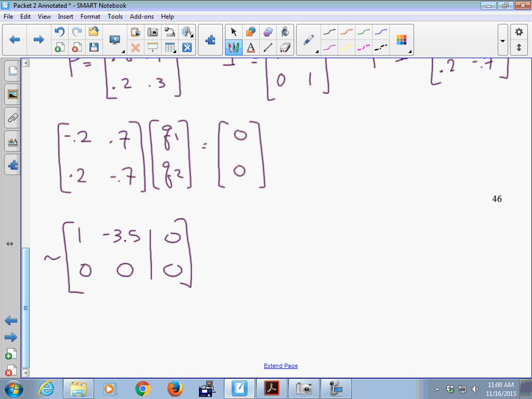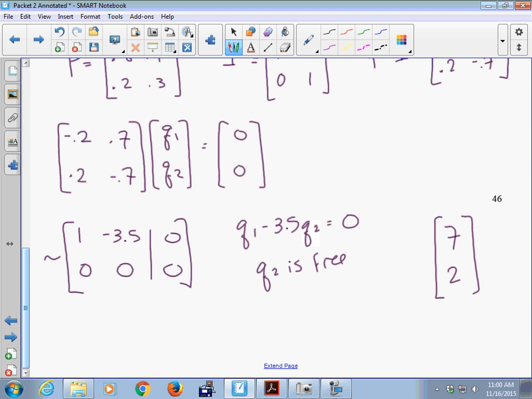So we know that Q1 minus 3.5 Q2 is 0, and that means that Q2 is free. There are infinite solutions that will solve that system. Give me the simplest one that has integers: 2 and 7. If you let Q2 be 2, Q1 is 3.5 times 2, which is 7.